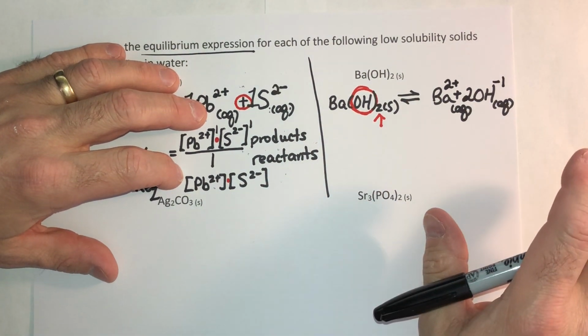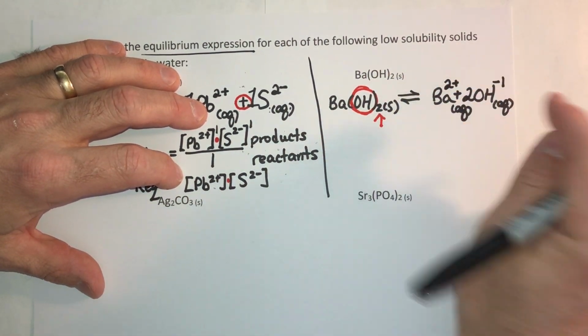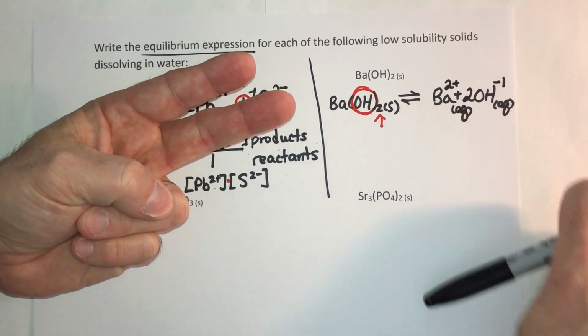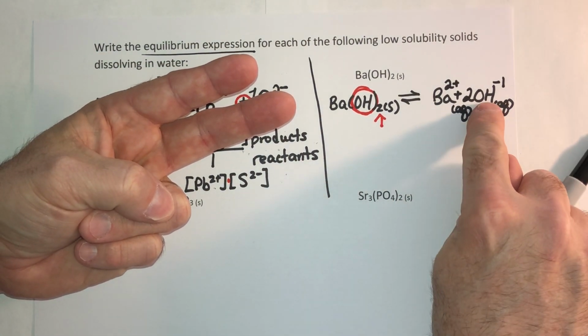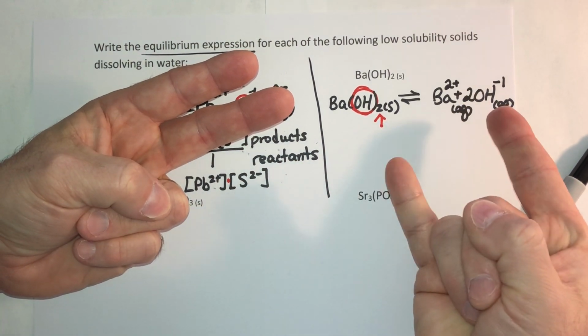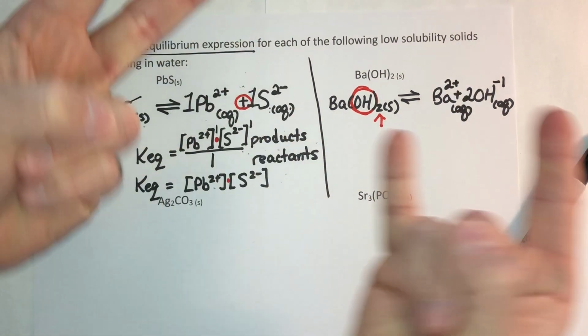Now, I'm feeling very happy here because the total amount of positive and the total amount of negative balance. Because the barium has 2 positives, each hydroxide has 1 negative, but there's 2 of them, right? So a total of 2 negatives going with your 2 positives, and they cancel.